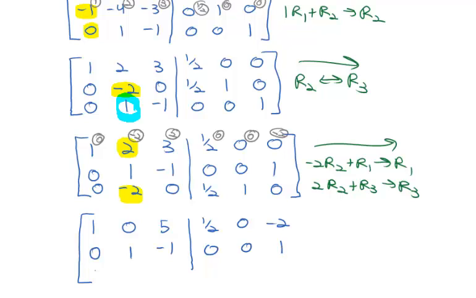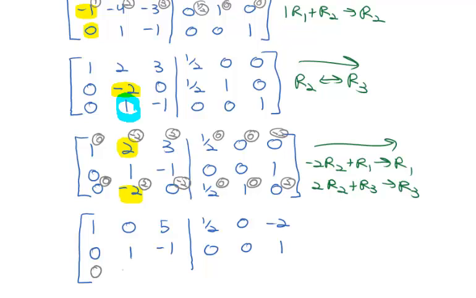The third row, we're multiplying the pivot row by 2, so 0 times anything is 0. 1 times 2 is 2, -1 times 2 is -2. 0 times anything is 0, 0 times anything is 0, and 1 times 2 is 2. And we're ready to add those.